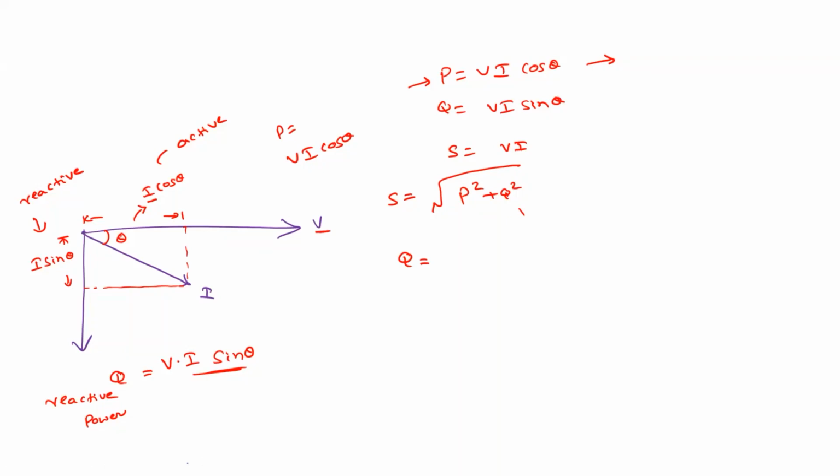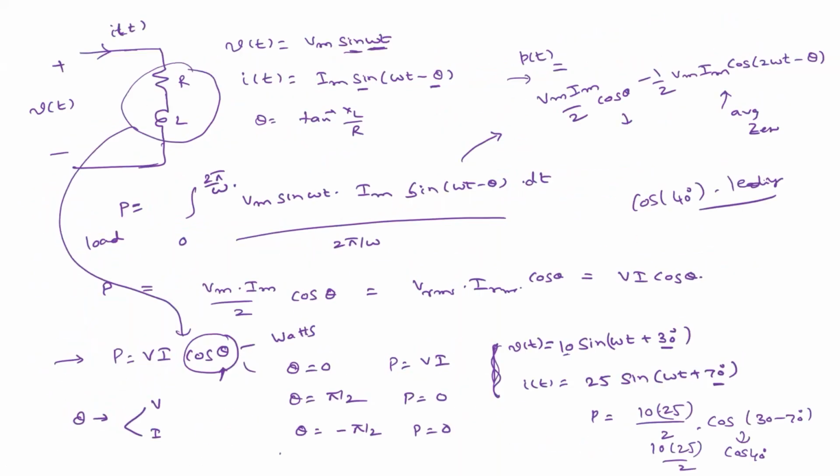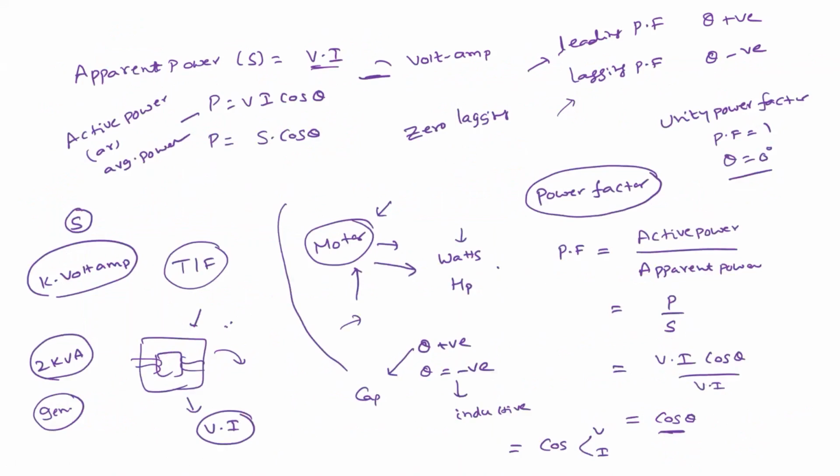Its average value is 0. Right. So this energy is continuously flowing into and back out of the circuit from the reactive components.